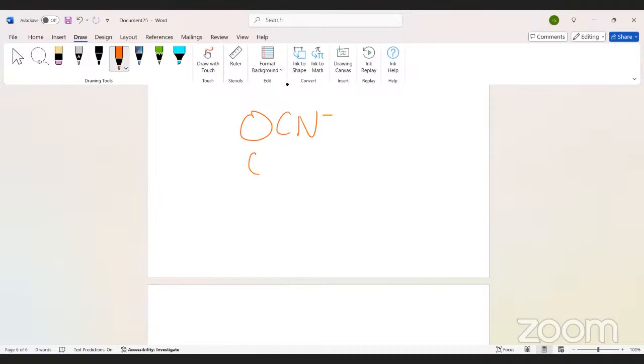Oxygen, carbon, nitrogen. Asia, you know how to do this part, right? This is counting the total number of valence electrons. Like I told you, this is half the battle.